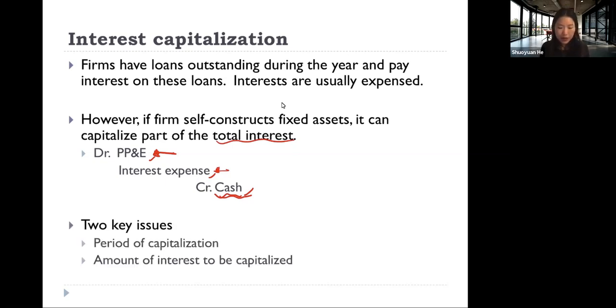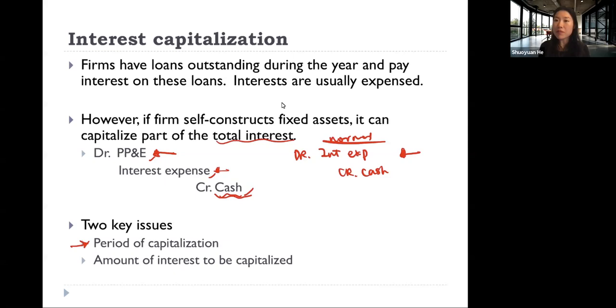Regarding interest capitalization, there are two key issues here. The normal case general entry when the firm pays out interest is to debit interest expense and credit cash. If the firm does not have capitalized interest, this is the general entry we should make, so all interest expense should be expensed.